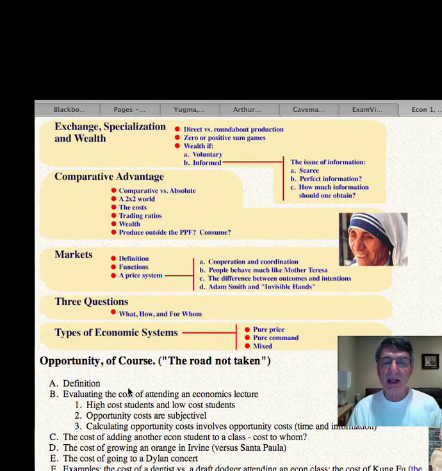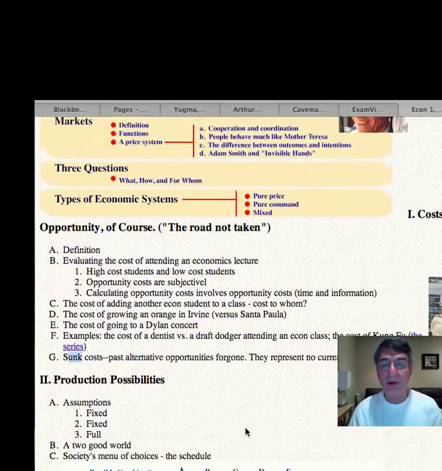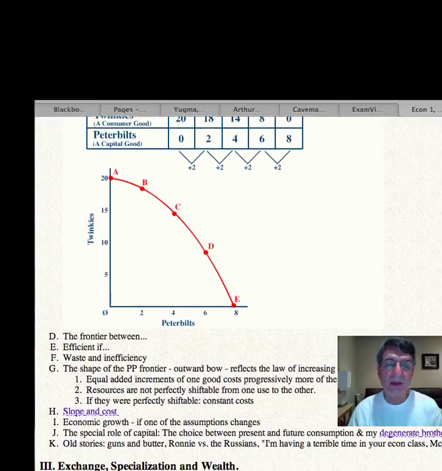In the cost section, of course, you have to be able to distinguish between which are opportunity costs and which are sunk costs. That's very important. Production possibilities, there's a beautifully fleshed out little explanation of the different choices that people have and what the cost of it is.